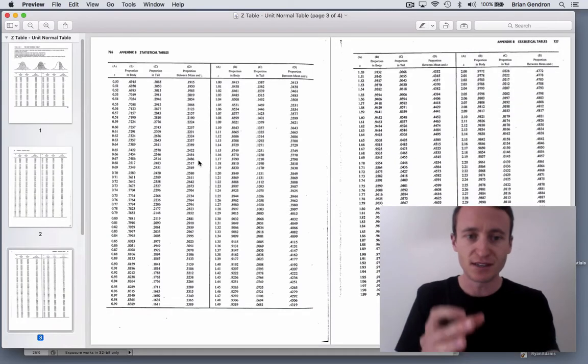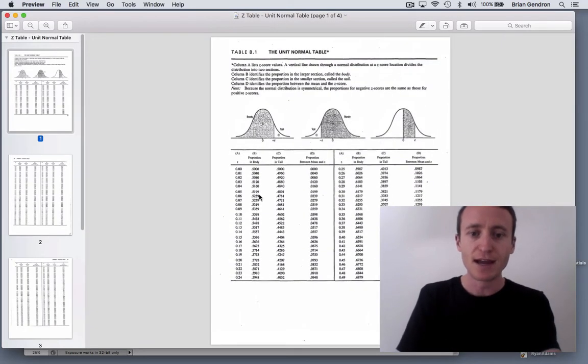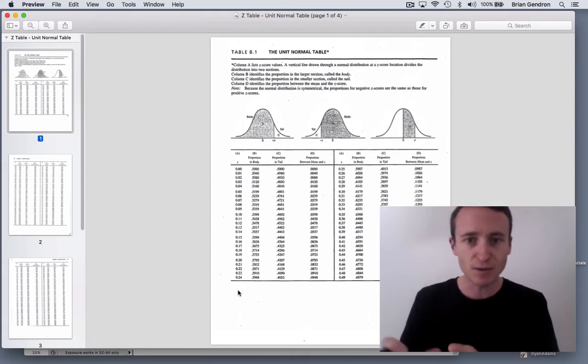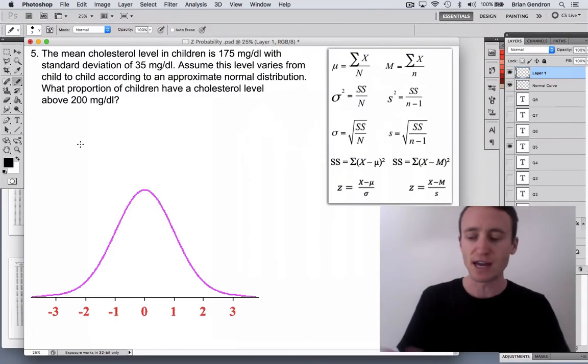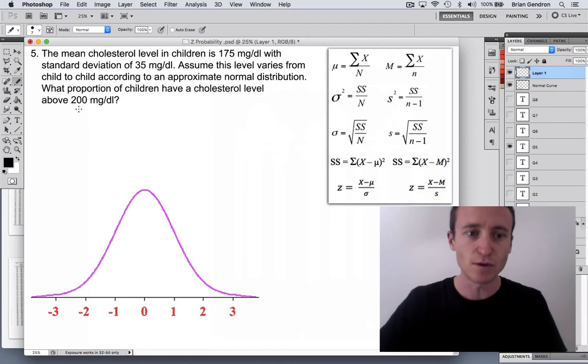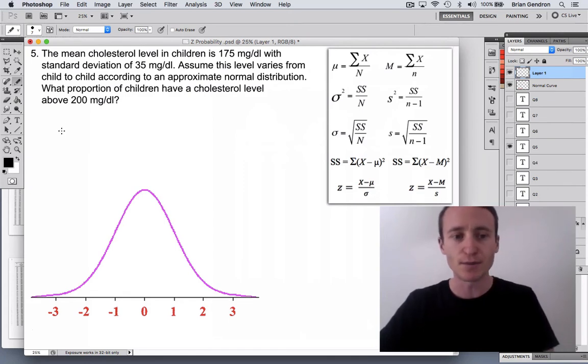Because the unit normal table lists the proportions associated with standardized values, which are z-values. So everything must become standardized to read this table. And so that's our first step. Convert this value of x equals 200 into a z-value, so then we can go to our table.